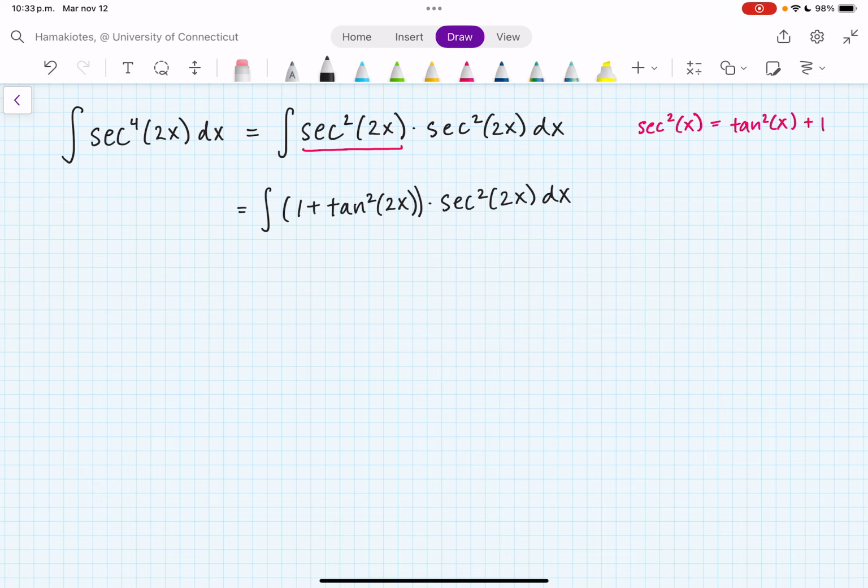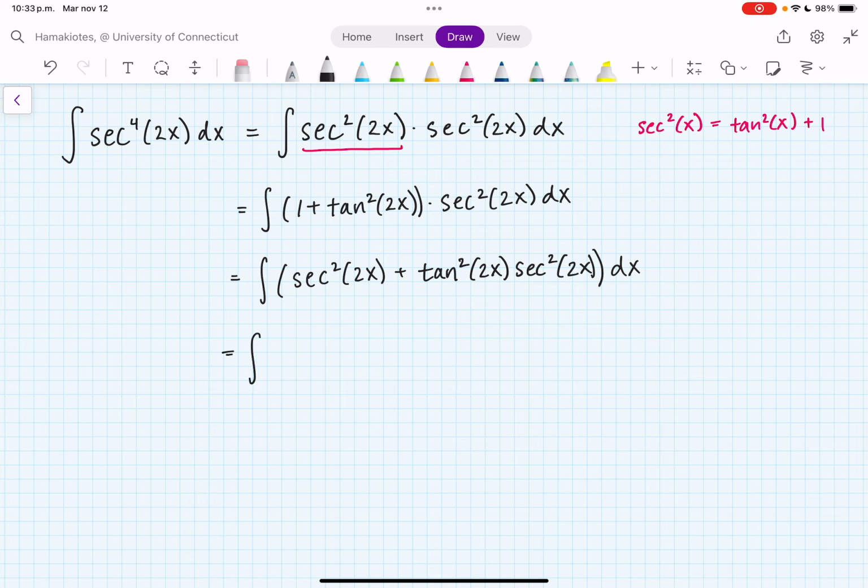Then we can distribute the secant squared to the 1 plus tan squared and get secant squared of 2x plus tan squared of 2x times secant squared of 2x dx. Now we can break this up into two different integrals.